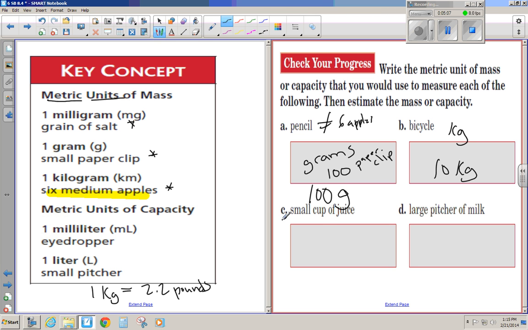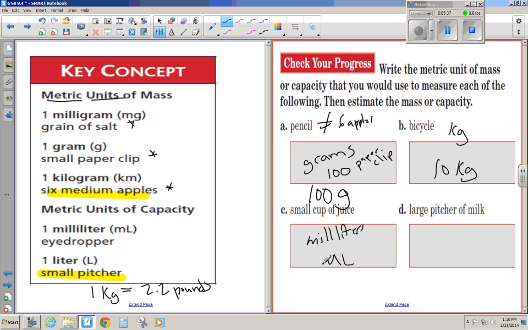All right, now capacity for a small cup of juice. A small cup of juice is definitely not going to be a small pitcher. It's not even close to a liter if it's a small glass. So instead, it's got to be milliliters, or ml. We need to estimate this.